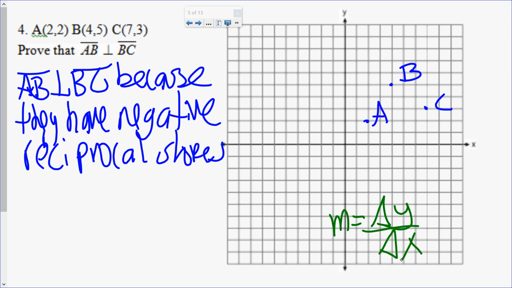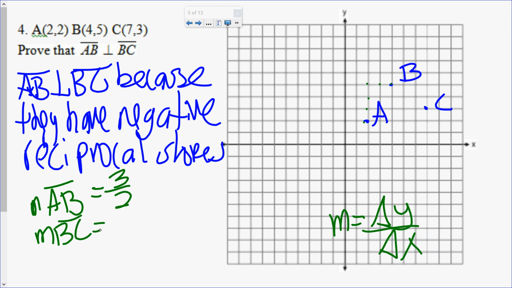Do it. Pause. Calculate the slope of AB. Calculate the slope of BC. Then unpause. Now that you calculated the slopes of AB and BC, the slope of AB is up 3, right 2, so 3 over 2.